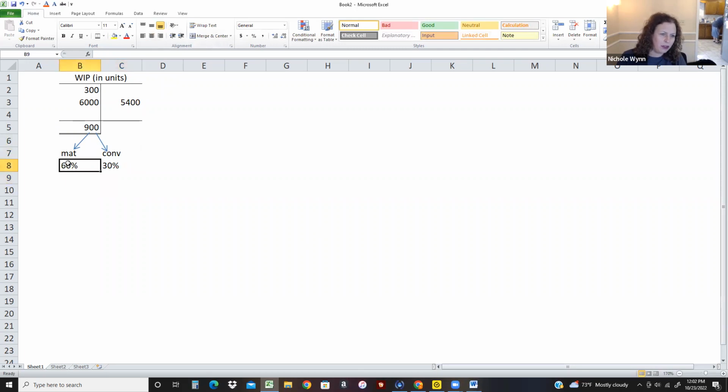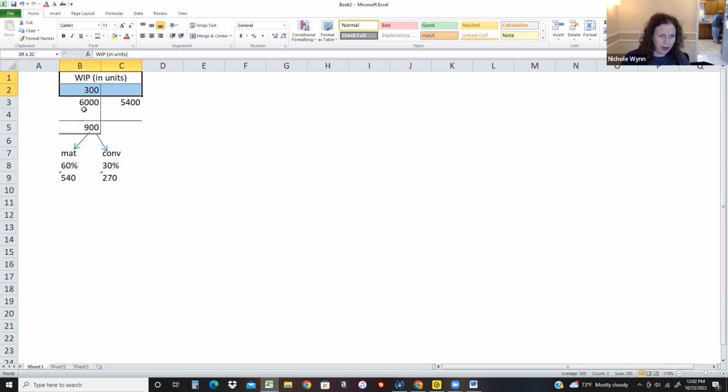So then 60% of 900, 60% of 900 is what, 540? And 30% of 900 is 270. Okay. So this is the number based on 900 at 60% and 900 at 30%, the percent of the equivalent units in our ending inventory.